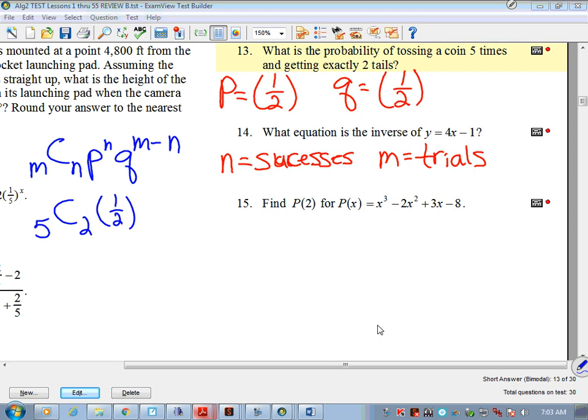We've got 1/2 to the 2, since N is the number of successes that I want. Q is that 1/2 again, to the M minus N, so 5 minus 2. That's the number of failures that I need to have, so I get 3. I'm going to pull up my graphing calculator here to do this for me.